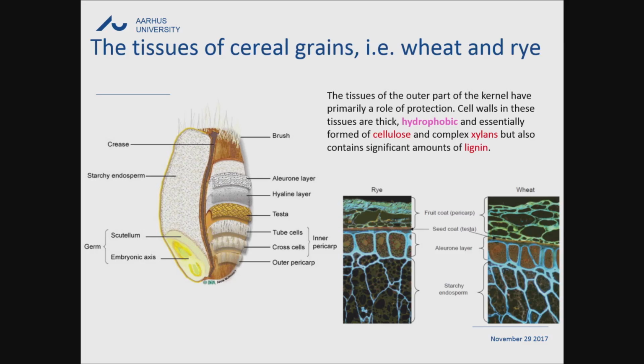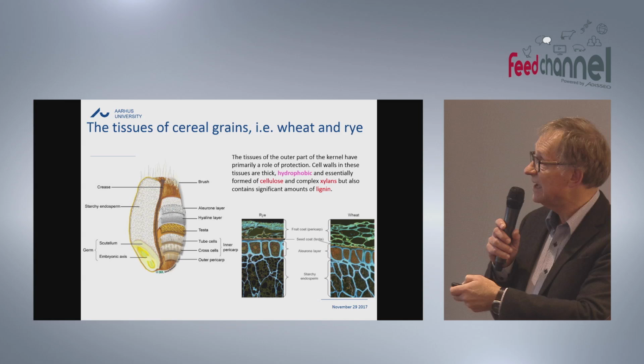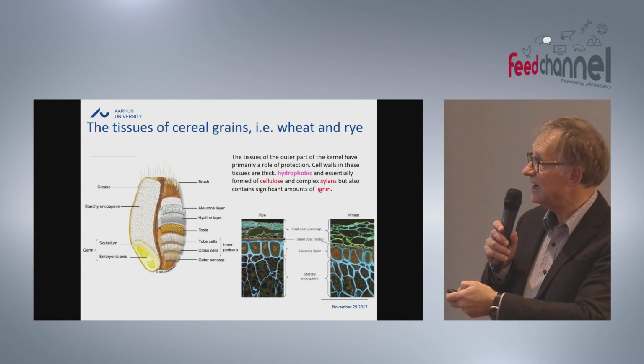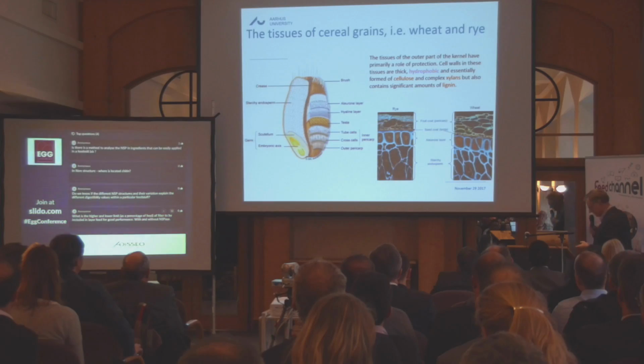Basically, the cell tissues at the outer part of the grain primarily consist of cell walls that are hydrophobic and essentially formed by cellulose and also xylans, with a significant amount of lignin.